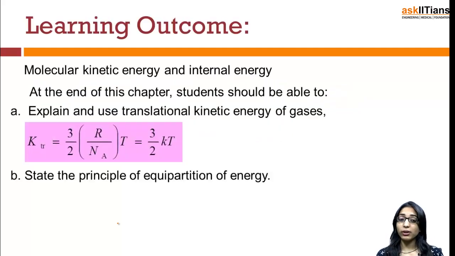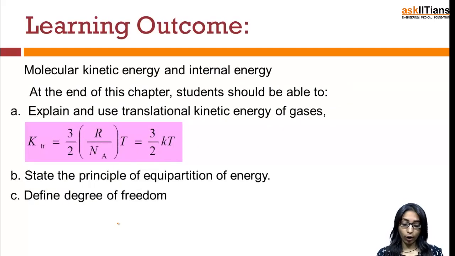So let me first of all discuss the learning objectives. By the end of this topic, you will be able to explain as well as use the translational kinetic energy of the gases.